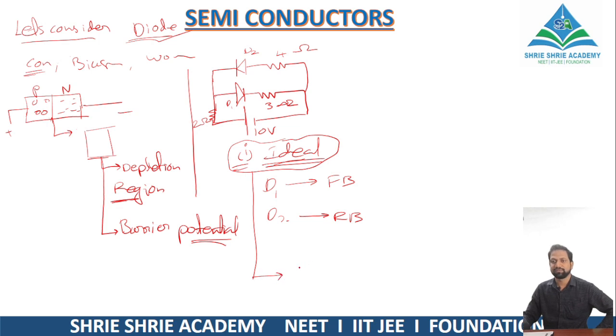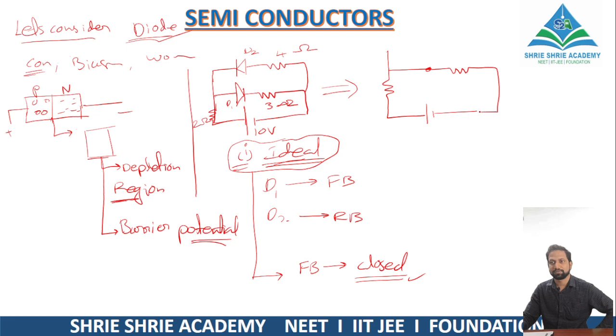Ideal diode stands for, in forward bias, a closed circuit, as I told you already. What is meant by closed circuit? This diagram will be a closed circuit, resistance is as it is.